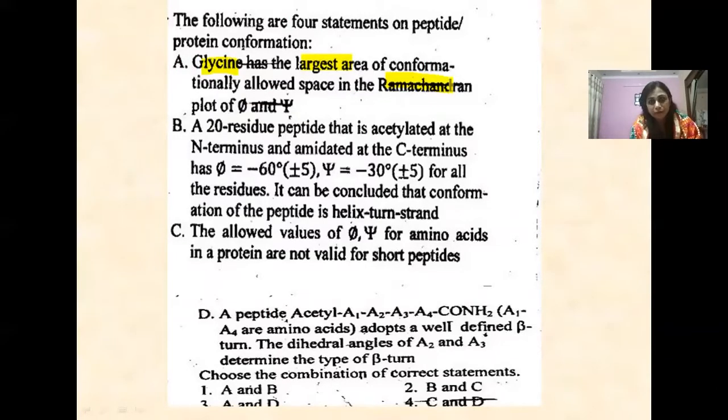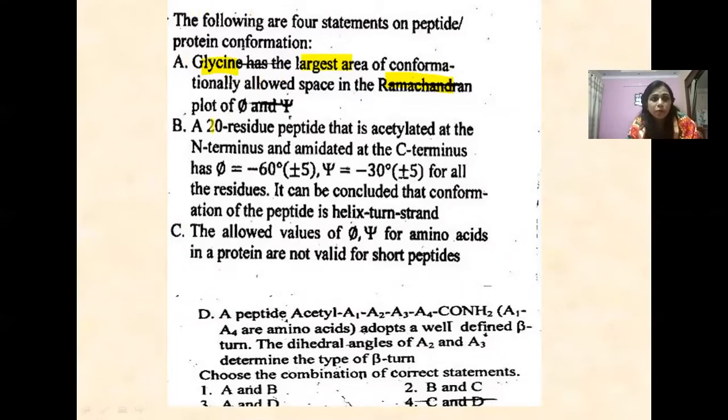When the side chain is small, steric hindrance is very less. When steric clashes are very less, that amino acid is present in the maximum region, that is, the maximum number of bonding is possible there. Angles can vary between negative 180 to positive 180 degrees at maximum places, right? So this statement is right.